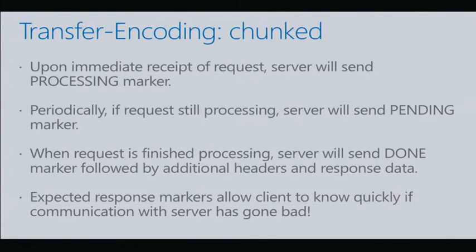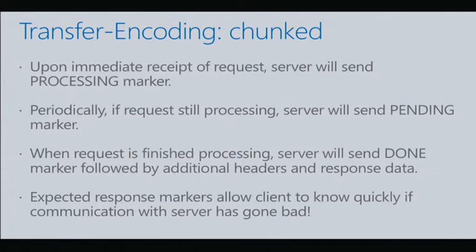So finally, when the server is done processing, it will send a done marker followed by any additional headers and the response data. Now, the additional headers is getting to your point. If the server later processes it and has a failure, how would it tell the client? The additional headers can also pass down another X response code with a failure.